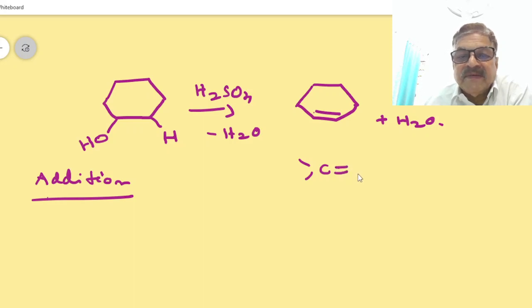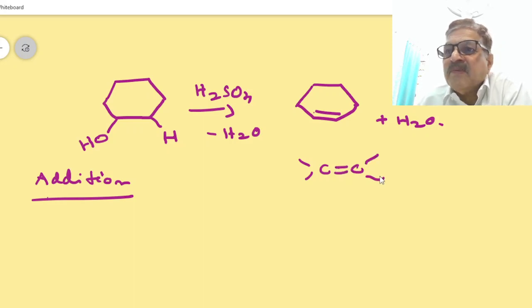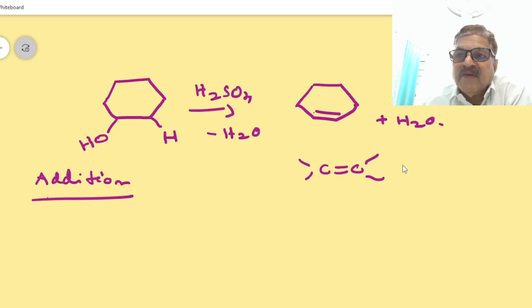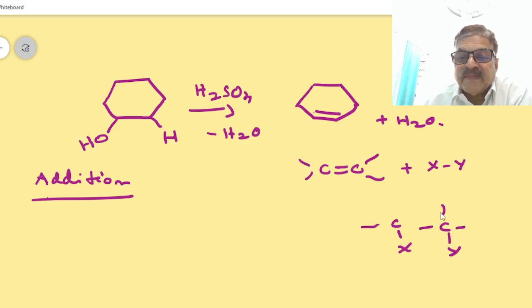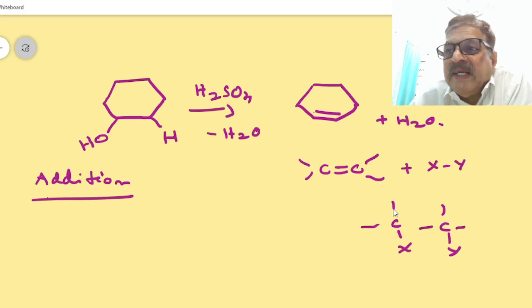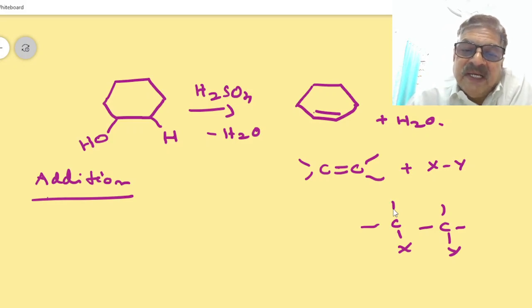Say the pi bond is here. This is exactly opposite to the elimination reaction here. Now we are adding a reagent here, say XY, whatever it is. So we will be getting a compound of this nature here, like this, with X and Y added to the pi bond.